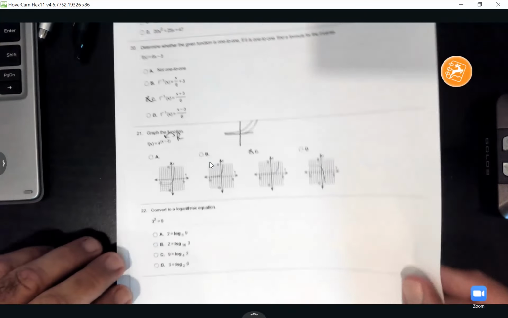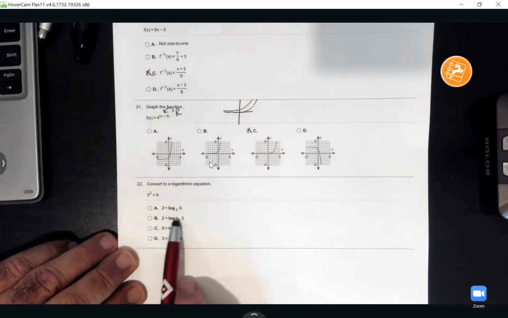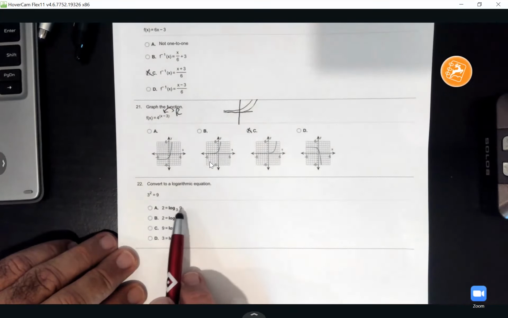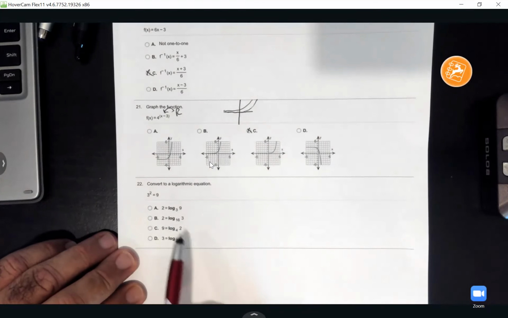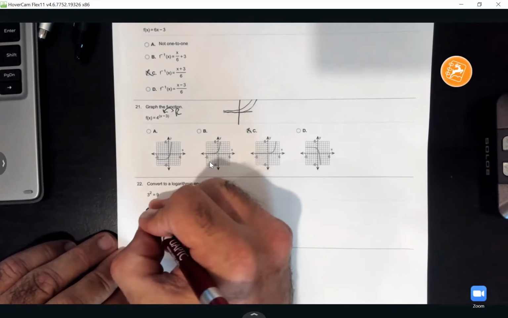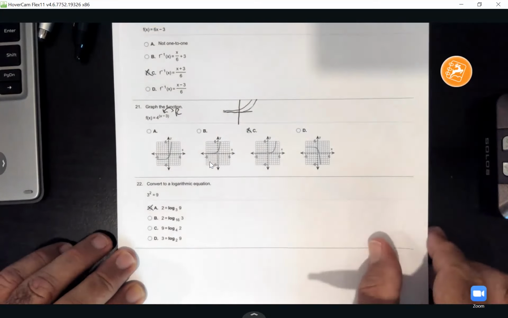They sort of flipped the sides on them, but you still want this one: 2 equals the log base 3 of 9, okay? I don't know where they got the 16 on this one, or the log base 4 on that one. And this one has the right numbers, but they're not in the right order, okay? So on that one, we went with A.